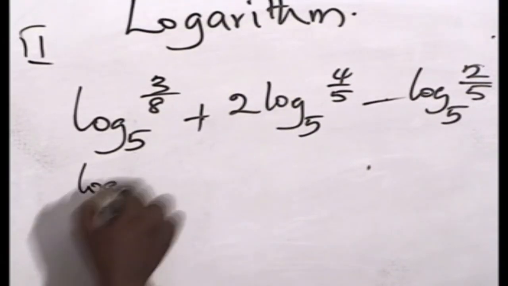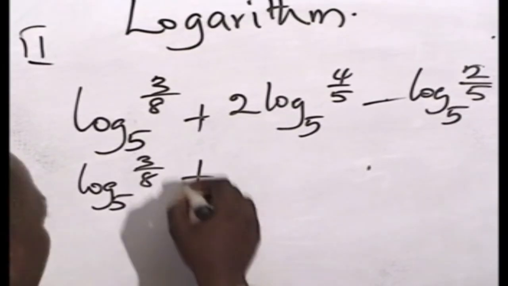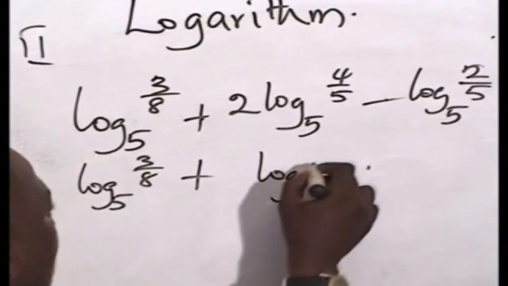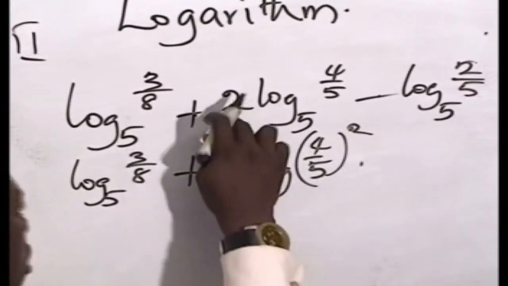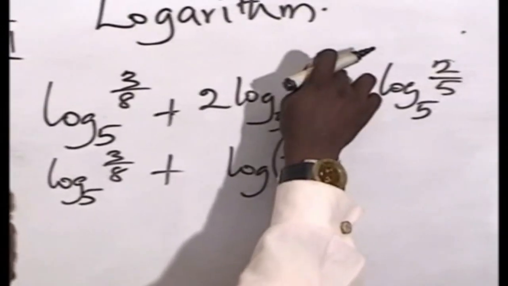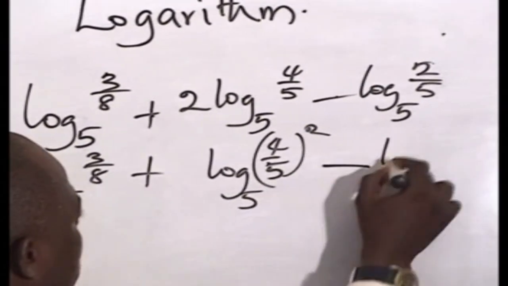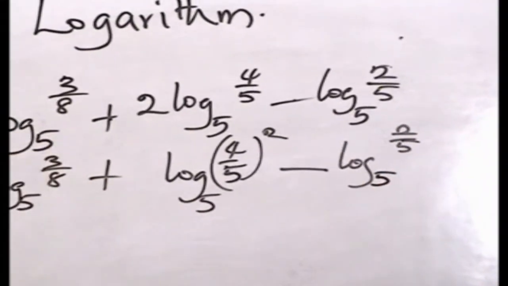So log 3 over 8 base 5 can be expressed this same way, but this one can be written as 4 over 5 raised to power 2. These two will return it back as an index, still to base 5, then minus log 2 over 5 base 5.